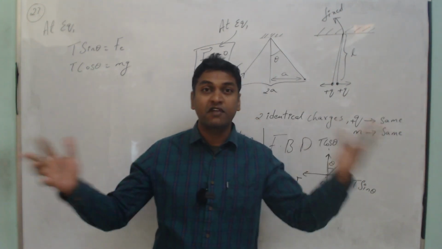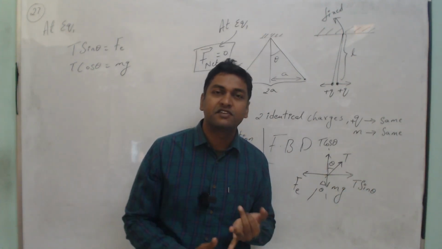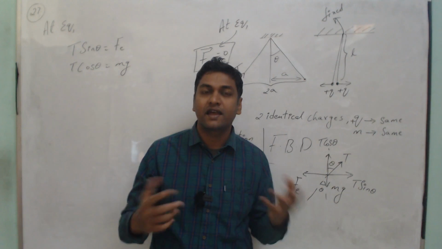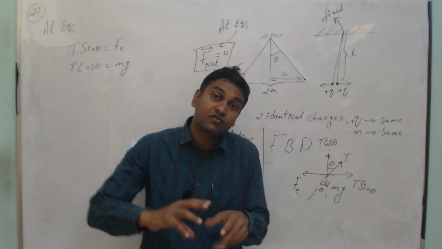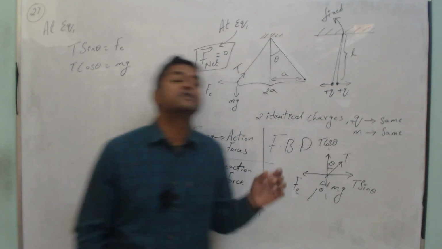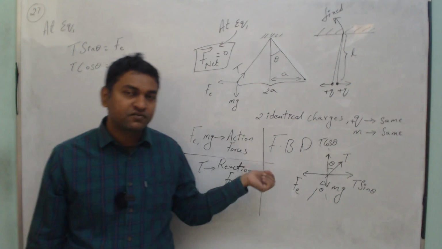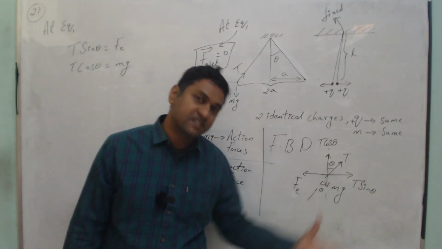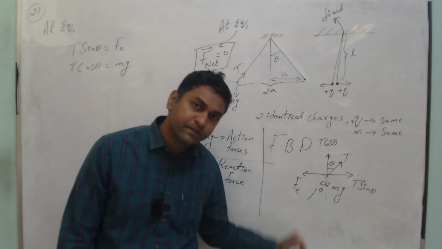Action forces are fundamental forces. Electrostatic force and gravitational force, both are action forces which are fundamental forces. But the tension force is generated on the basis of these actions. So the reaction force always generates itself in such a way that its components cancel the action force.